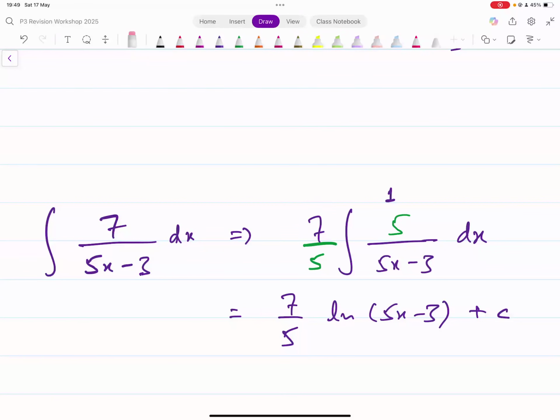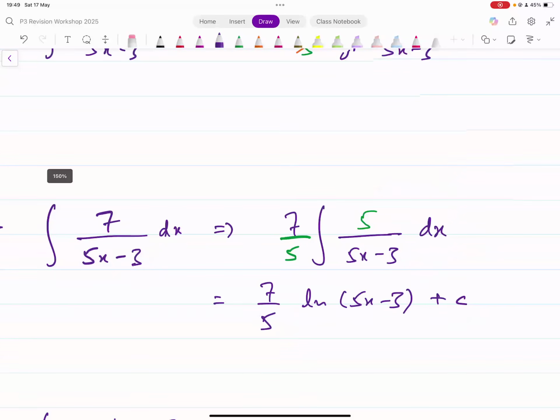When you take 7 common outside, now we want 5 instead of 1. So what we do is we say, let's put 5 here, and to balance that, let's divide by 5 outside. And now we've got 7 over 5 outside. This is the log form. It can be integrated to ln of 5x minus 3, and that's the result.